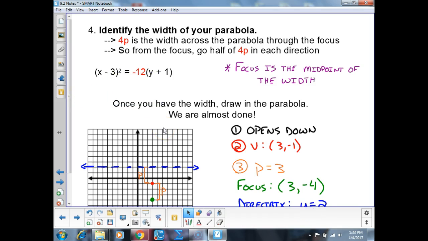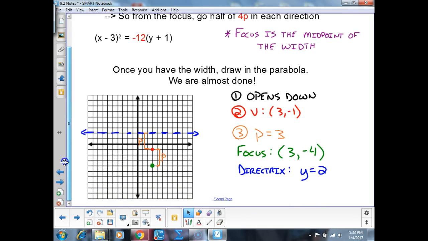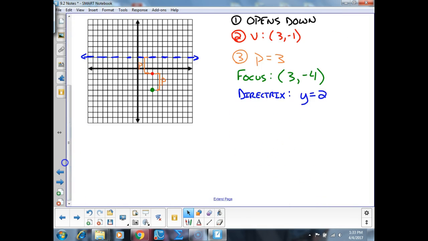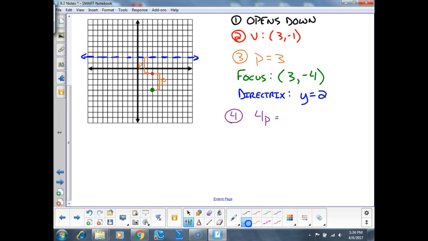Okay. So how wide is my parabola? So my parabola is 4p wide, which is 12. So the focus is the midpoint, right? So how far left and how far right do I go then? 6.